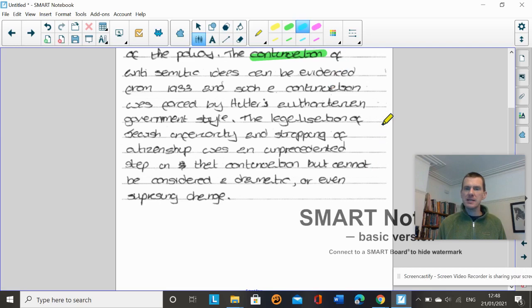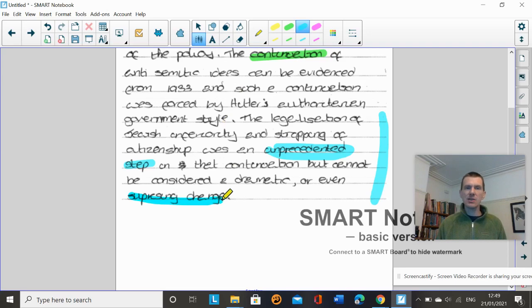So this here is the core of what they've been arguing all along, that the policy is both a change and a continuation, that it's a change in the legal position of Jews. It's a definite step forward in radicalism. It was an unprecedented step, but also it fitted in exactly with what they had said before.